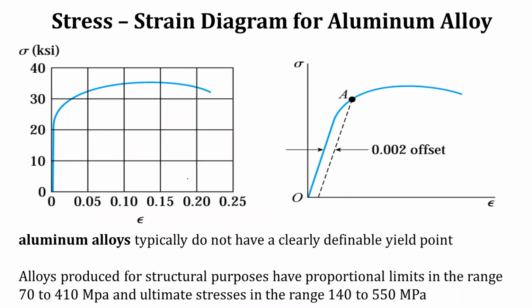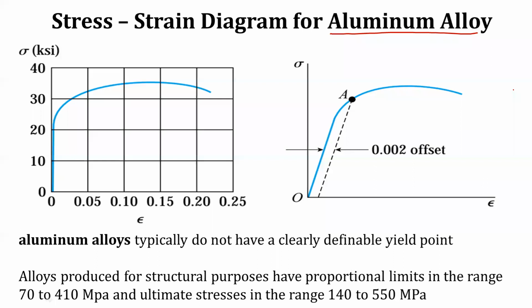Now here you see the stress strain curve for aluminum alloy. Aluminum alloy is actually ductile, but the stress strain curve for aluminum alloy doesn't have a specific yield point. If we do the tensile test for aluminum alloy material, you will see a curve like this, and we will get practically this curve exactly when we conduct it in the laboratory.